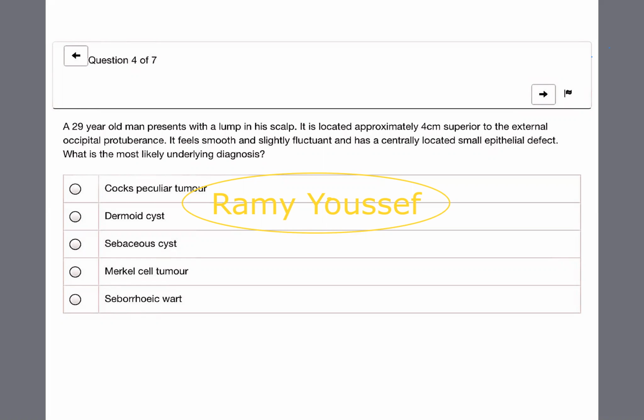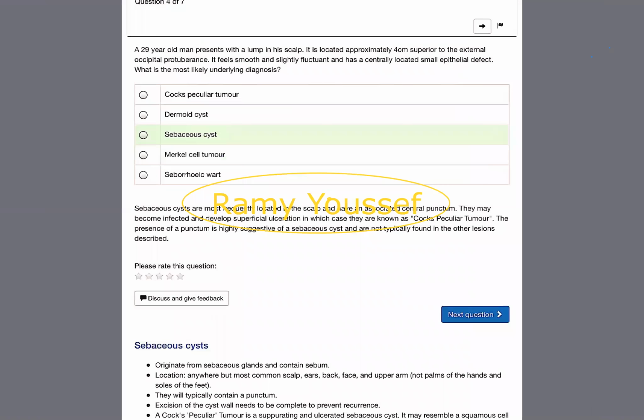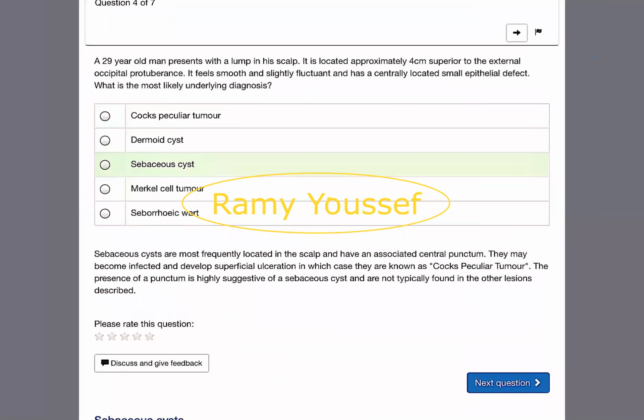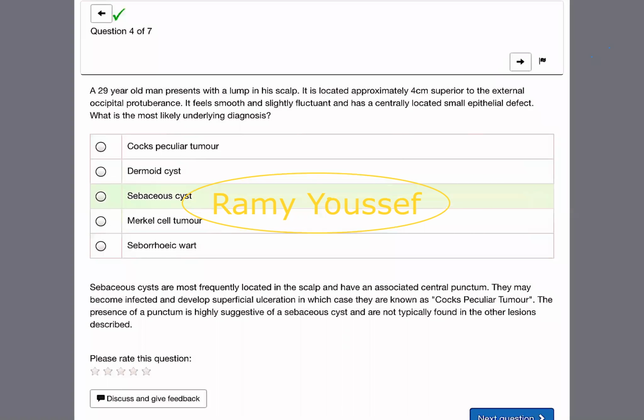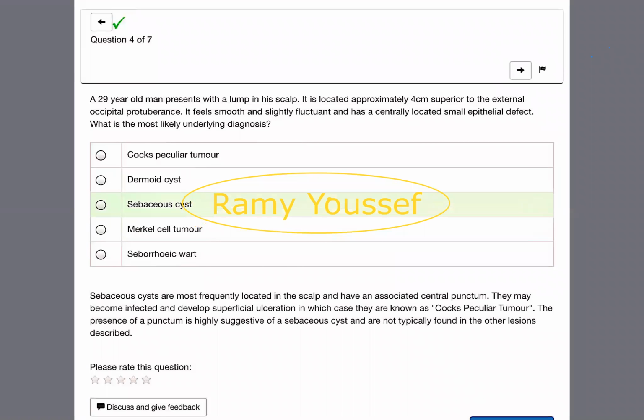What is the small epithelial defect? This is a punctum. Yes, exactly, Dr. Nuran. Perfect. This is a punctum of the sebaceous cyst.